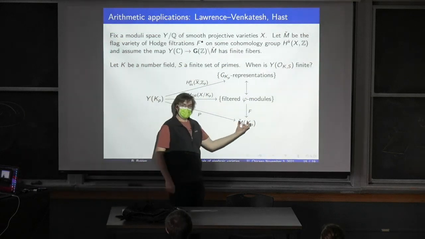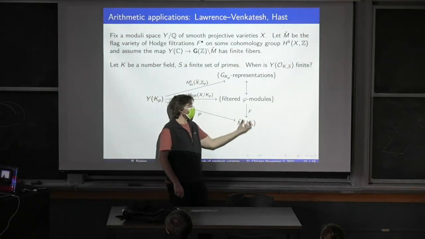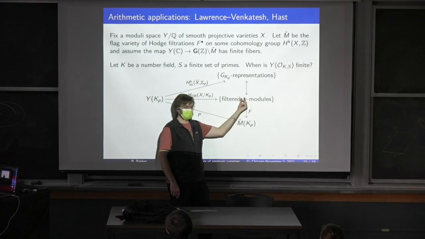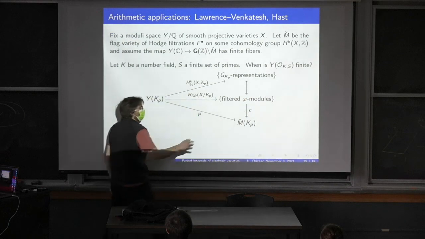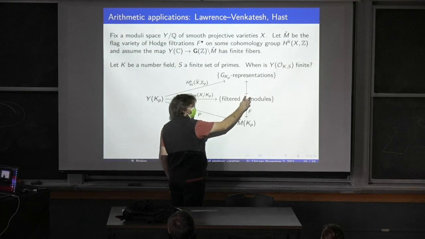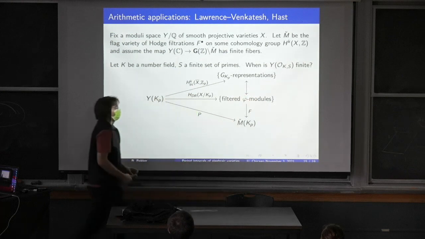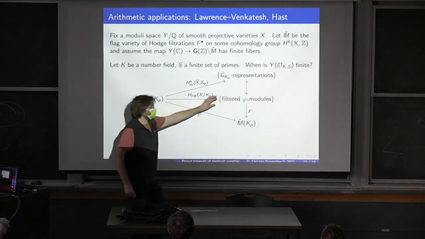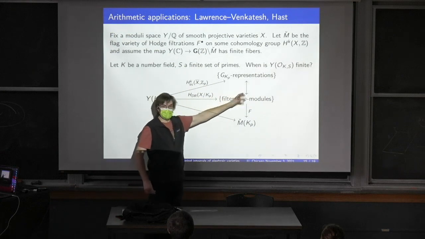So this is just parameterizing the Hodge filtration. This map is forgetting this extra structure. Okay, so the notion of isomorphism up here respects the filtration, and all we get from this map is something that's defined up to isomorphism.